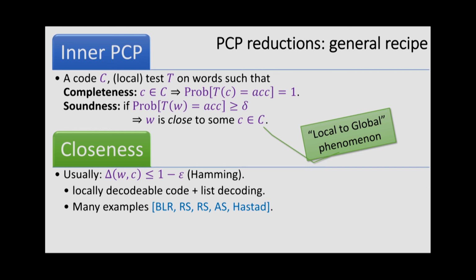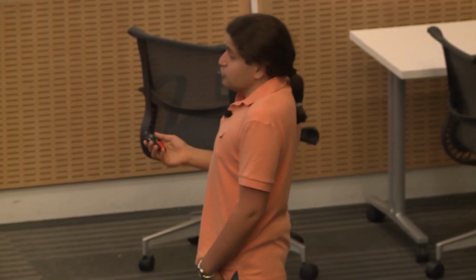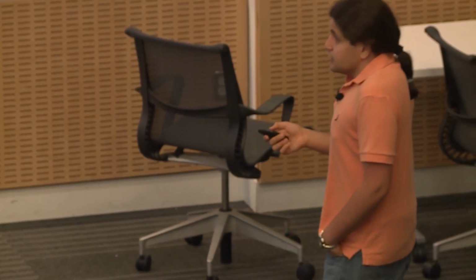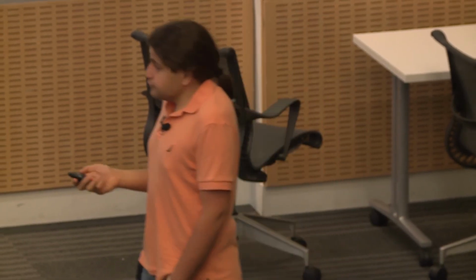So what do we mean by close? Usually we just measure the Hamming distance between W and C, and we want it to be bounded away from 1. We want it to be at most 1 minus epsilon. So in other words, we want W and C to be somewhat correlated. This is sometimes called locally decodable codes, or list decodable codes, and there are many examples.